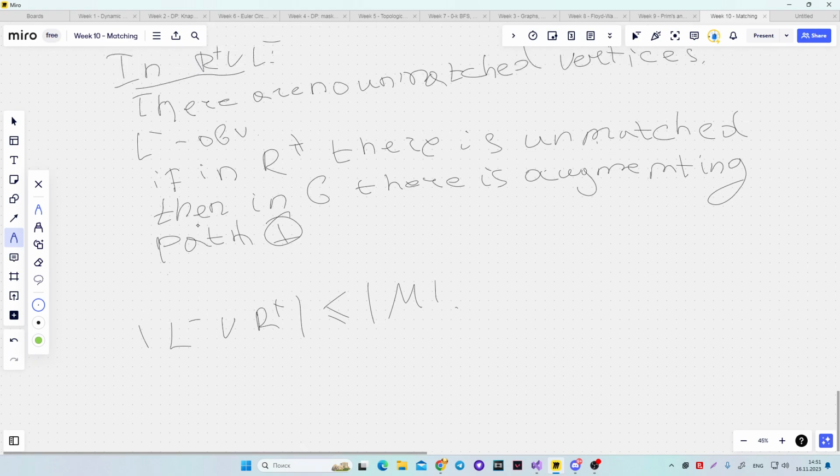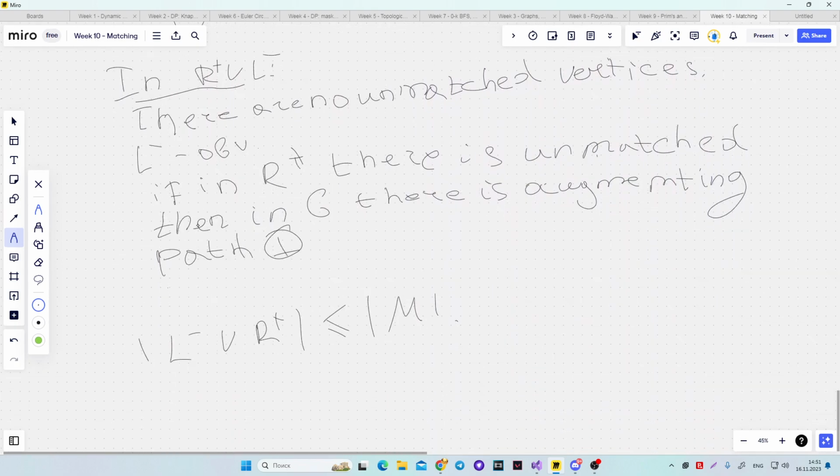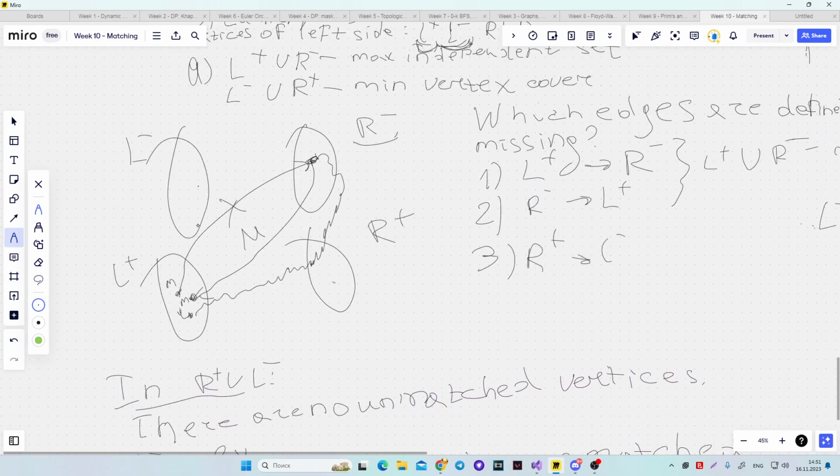If we consider our R plus, L minus, and R plus, we notice that every vertex in this, if we consider vertices, there does not exist this edge or this edge or this edge or this edge.